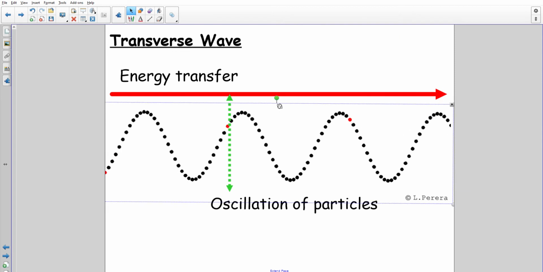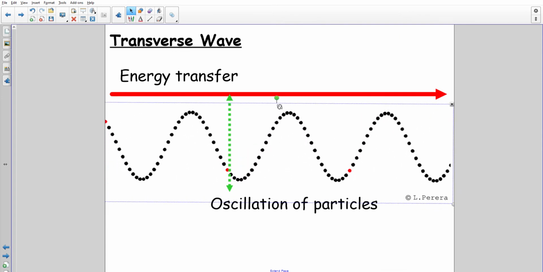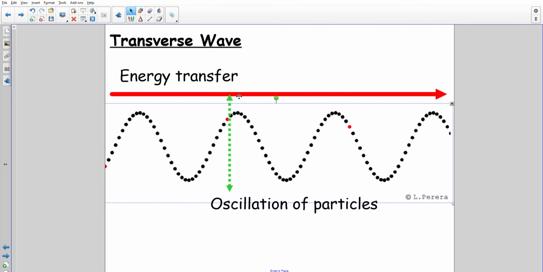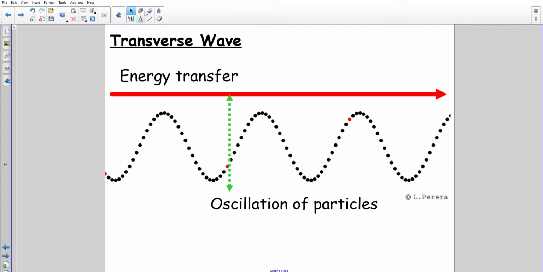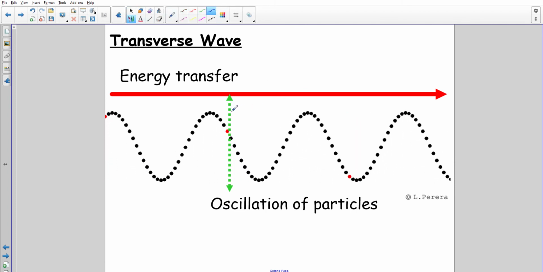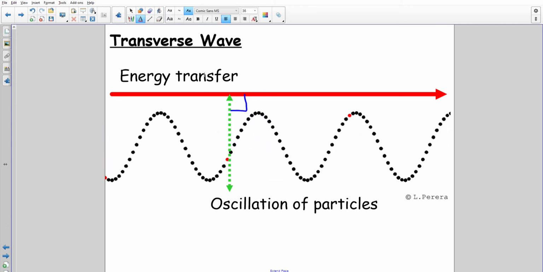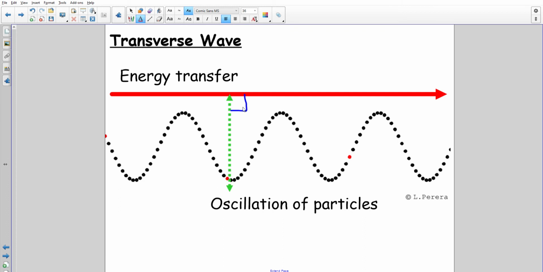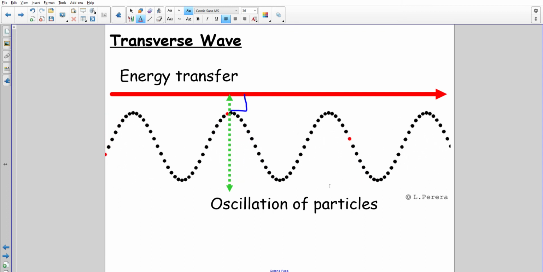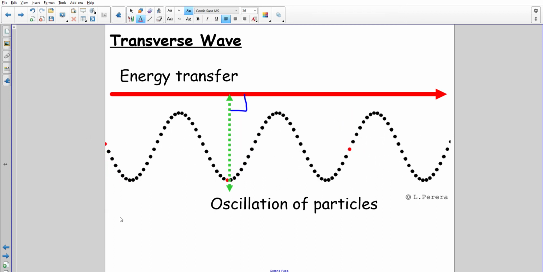The particles don't necessarily oscillate up and down, but they do always oscillate in the same direction compared to the energy transfer. If we look at what angle we have created there, we've created a right angle. So the energy transfer is perpendicular, at a right angle, to the oscillation of the particles. That's what you'd always say about a transverse wave.